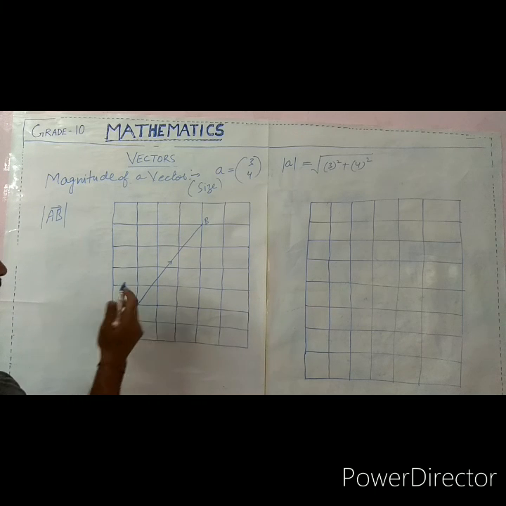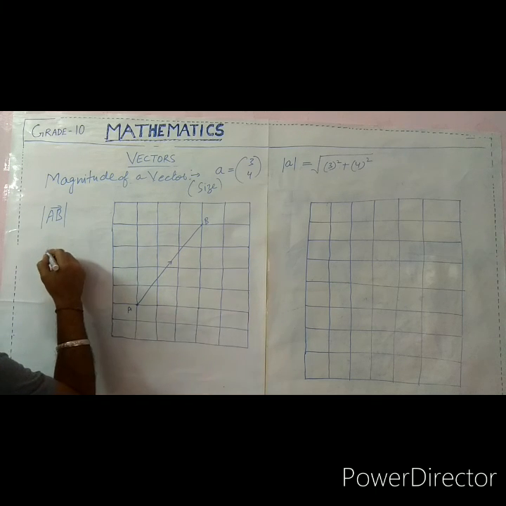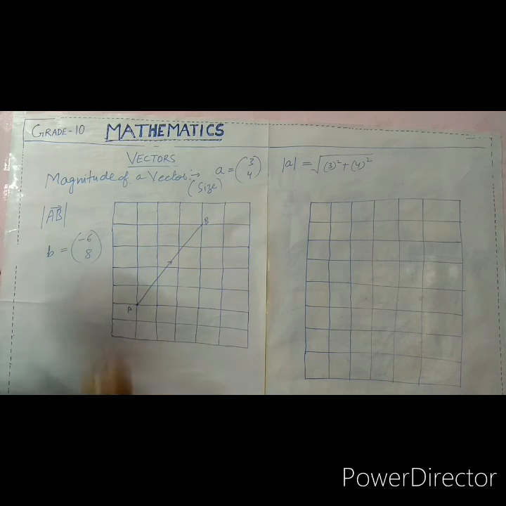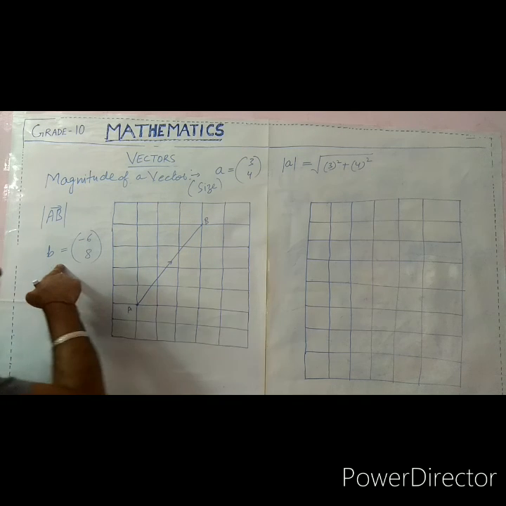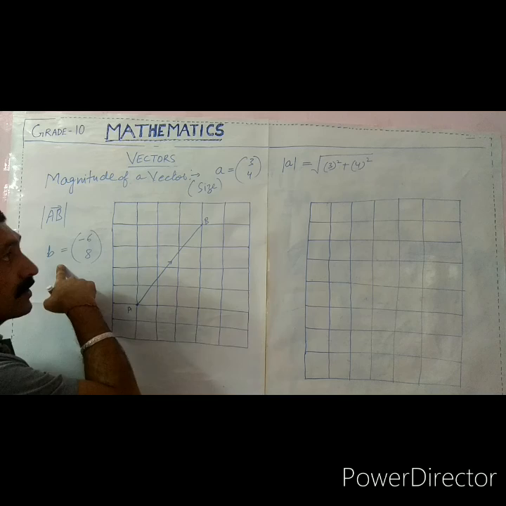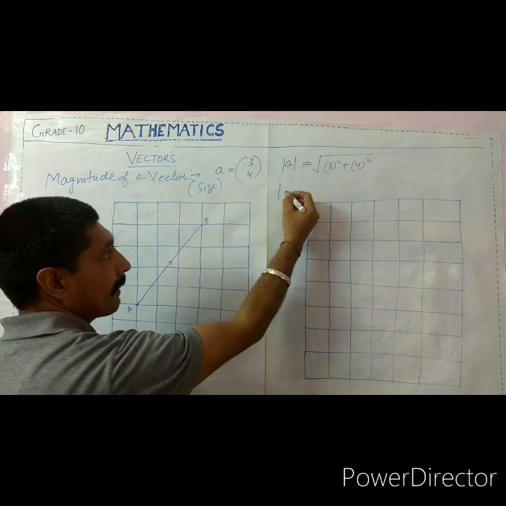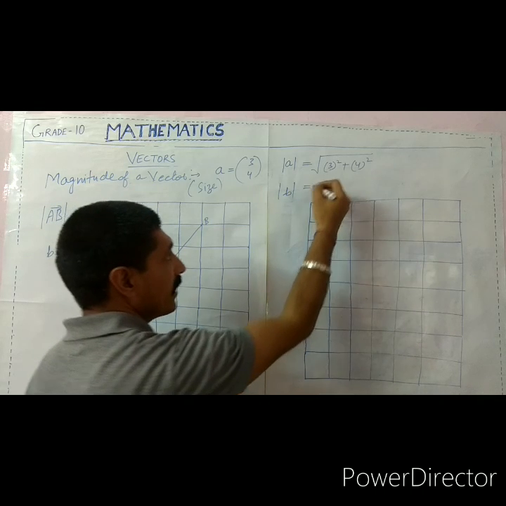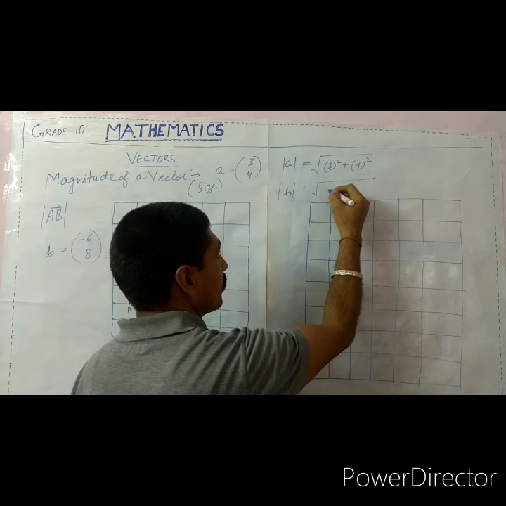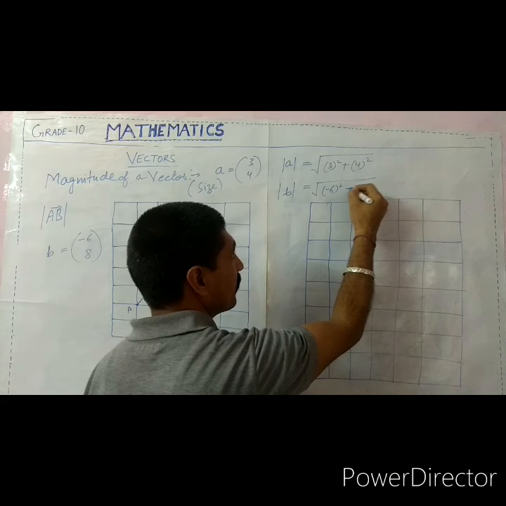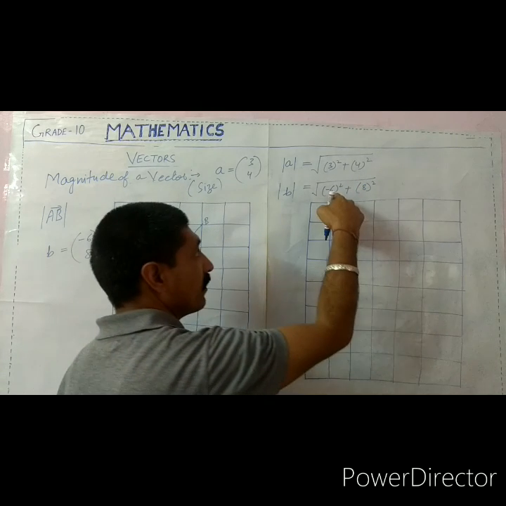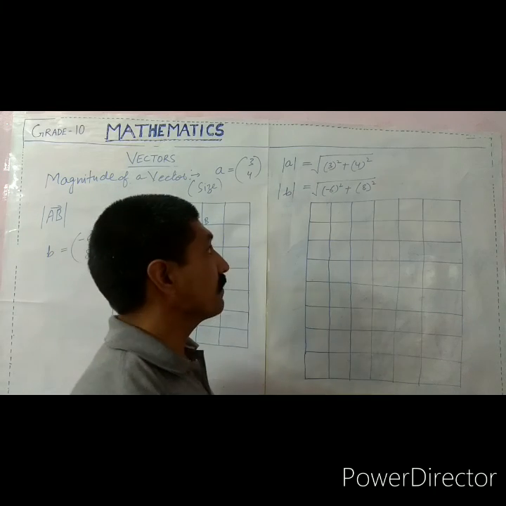If we have a vector B equal to (-6, 8), what is the magnitude of B? The magnitude of B is equal to the square root of (-6) squared plus 8 squared. The square of a negative number is also positive.